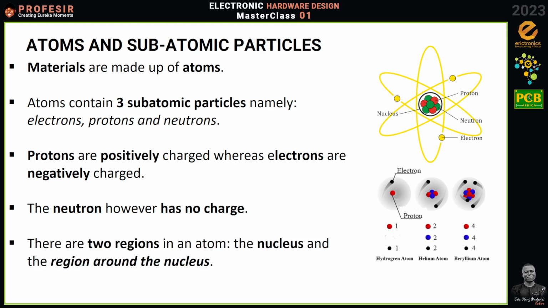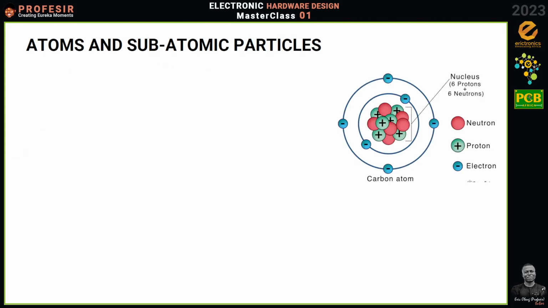Now, if you take the atom, there are two regions. We have a central nucleus, very, very tiny, yet very, very massive. And we have the region of space around the nucleus, which is occupied by electrons. So these are the basic parts of the atom. If you look at this picture carefully, we have positive and neutral charges, the protons and neutrons, in the center, and around it we have the electrons.